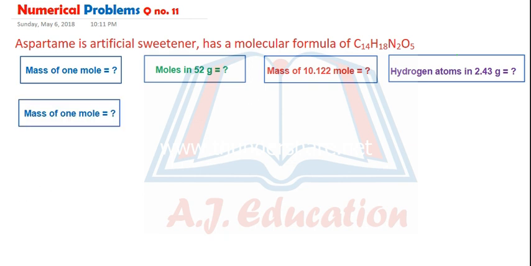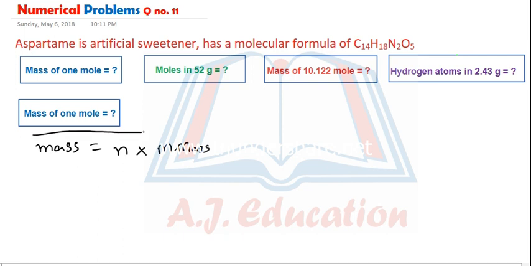Alright, we need to determine the mass of 1 mole of aspartame, and we know that to calculate the mass, we need to use the formula: mass of a substance is equal to number of moles of the substance, that is N, we know that moles are represented by N, times the molar mass of the substance.